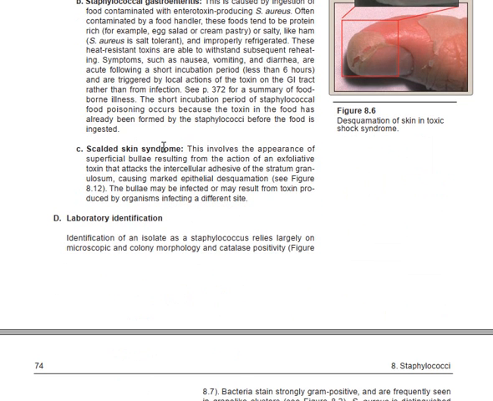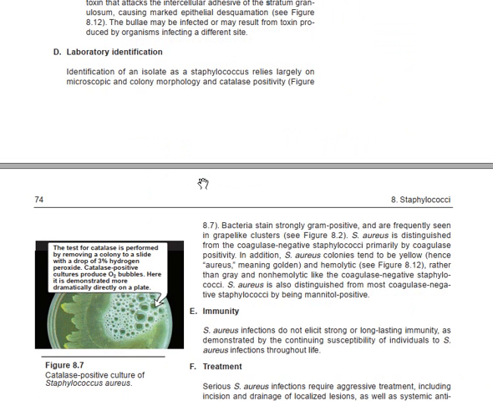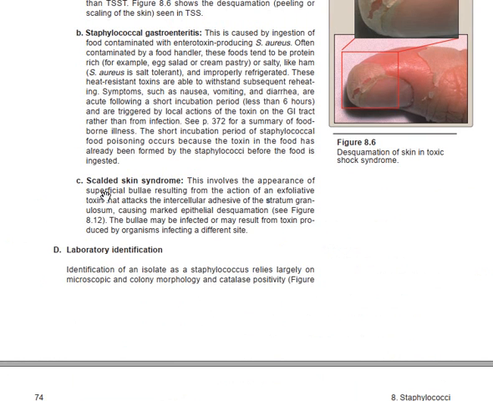Now scalded skin syndrome involves the appearance of superficial bullae that result from exfoliative toxin that attacks the intercellular adhesions in the stratum granulosum. Is it clear? We need to know that scalded skin syndrome resembles bullous impetigo. In impetigo, you just have small vesicles spread all through the body.